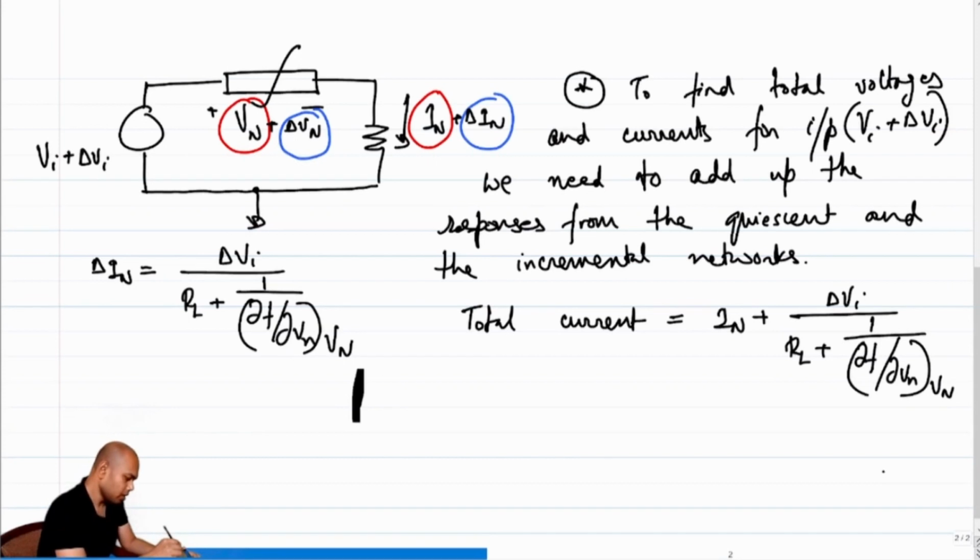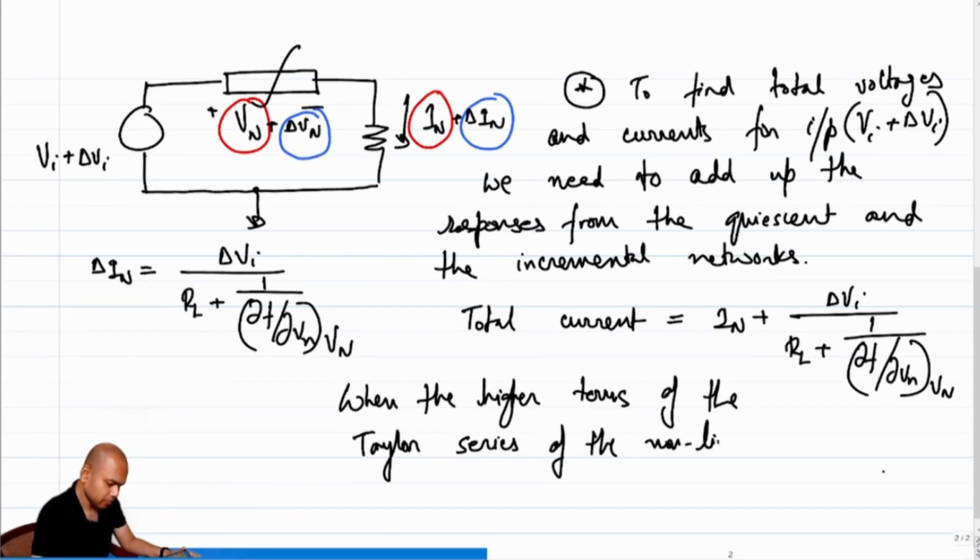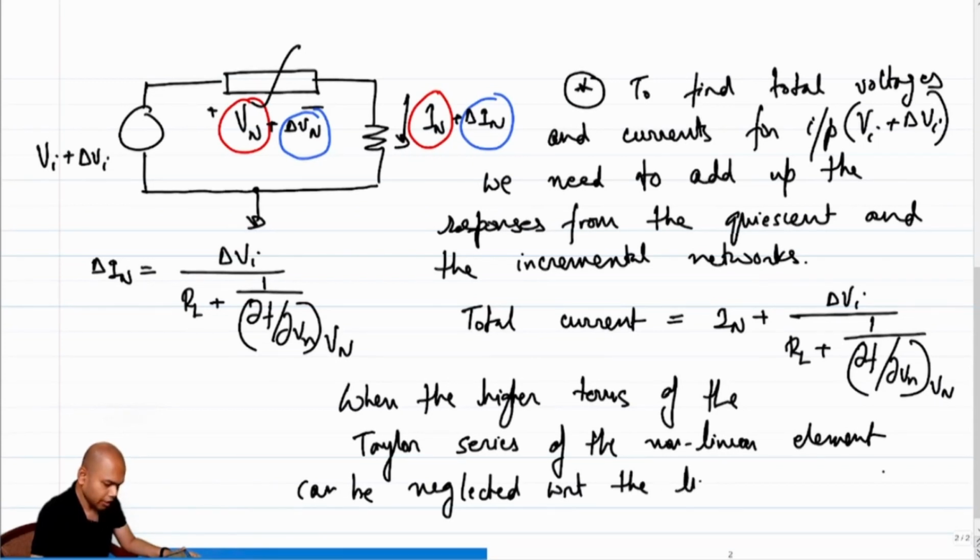When the higher order terms of the Taylor series of the nonlinear element can be neglected with respect to the linear term, right?